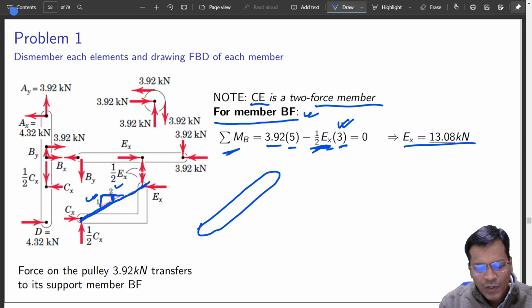It is just a sine cosine of this. Whatever force is here has components Ex and Ey. This is the vertical component, this is the horizontal component. Got it?